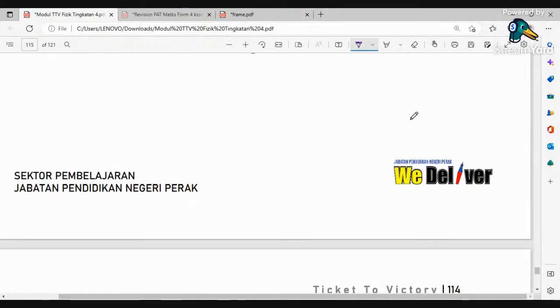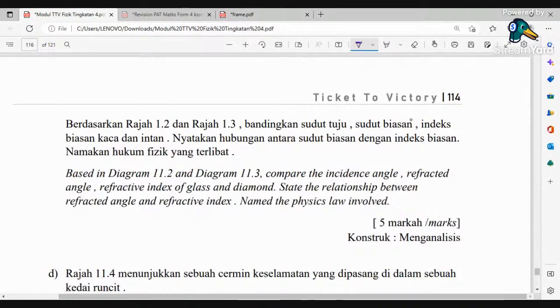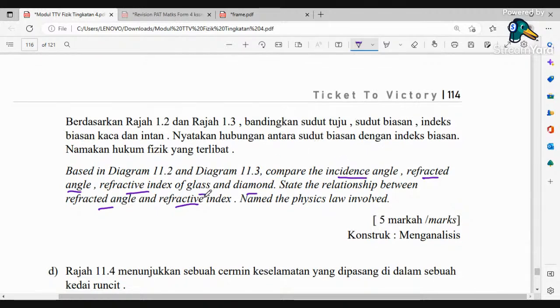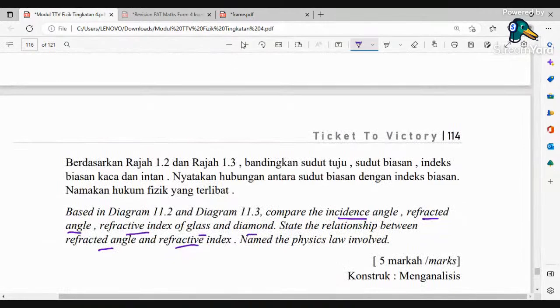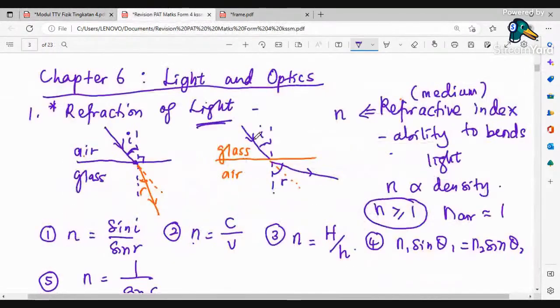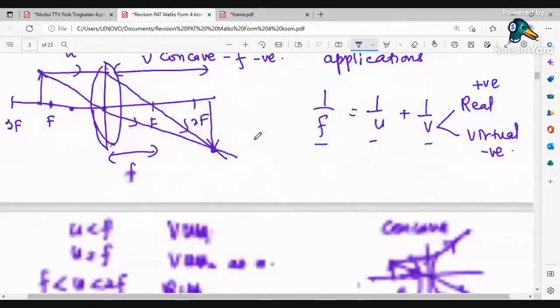Based on diagram, compare incident angle, refracted angle, refractive index, glass and diamond. State relationship between refracted angle, refractive index. Name physics law involved. Okay. Jadi ini untuk 5 markah. Saya tulis dalam kertas yang lebih besar sikit.